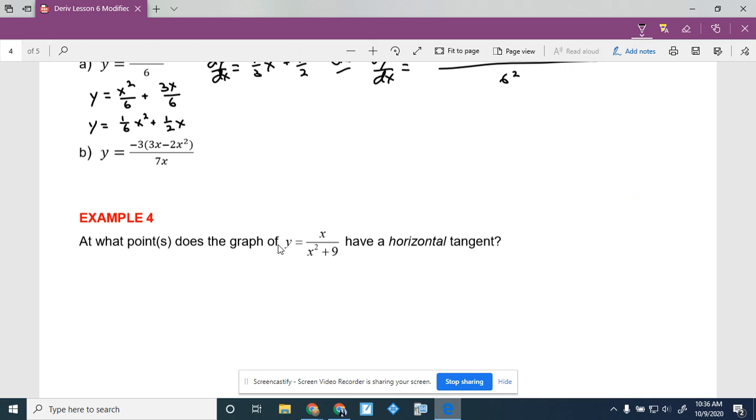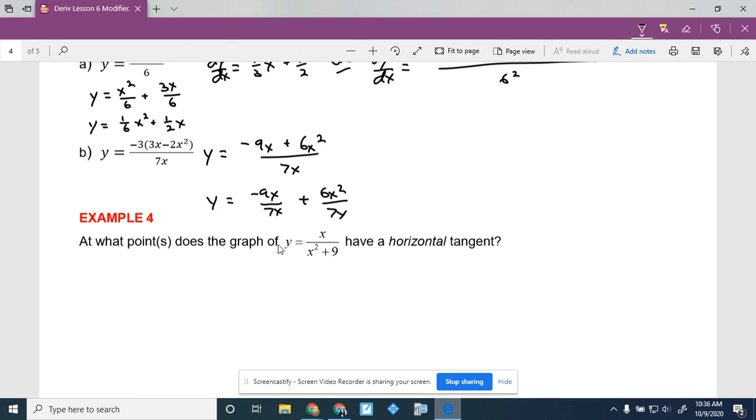So if I simplify y, right, maybe I'm going to say, all right, up top, I'm going to get negative 9x plus 6x squared. And then on the bottom, all over 7x. So let me again continue to split this up. So I'm going to get y equals negative 9x over 7x plus 6x squared over 7x.